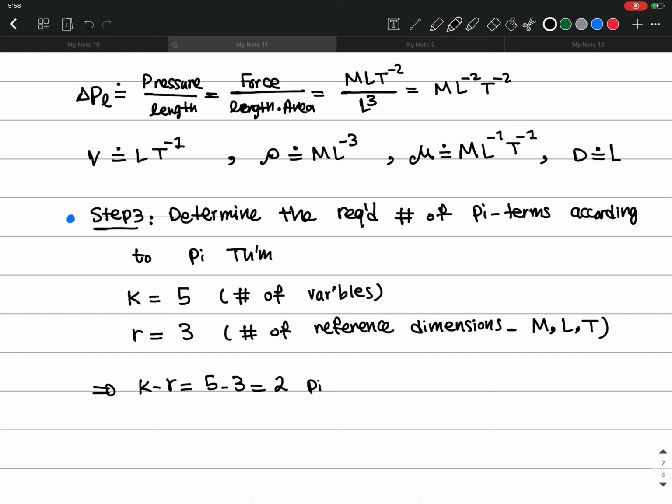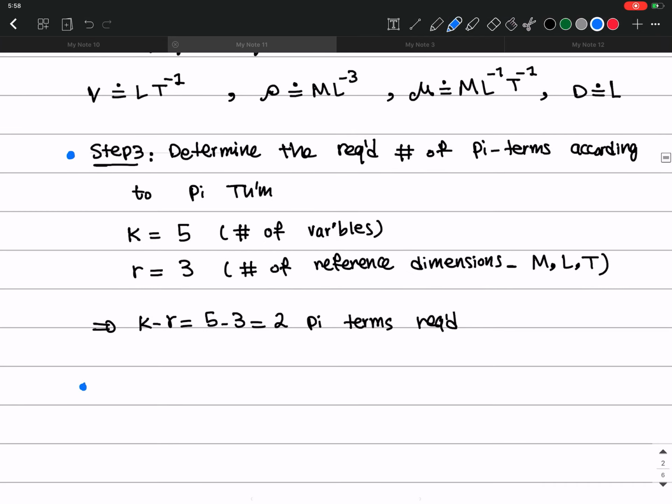So we are going to have 2 pi terms required to describe this delta PL based on the pi theorem. So this is how the pi theorem helps us find the number of required dimensionless numbers, or what we call pi terms. Okay.